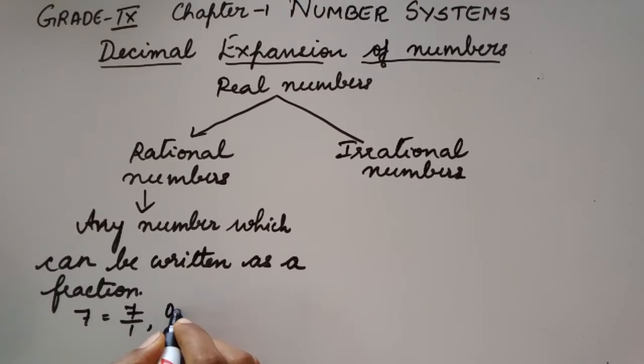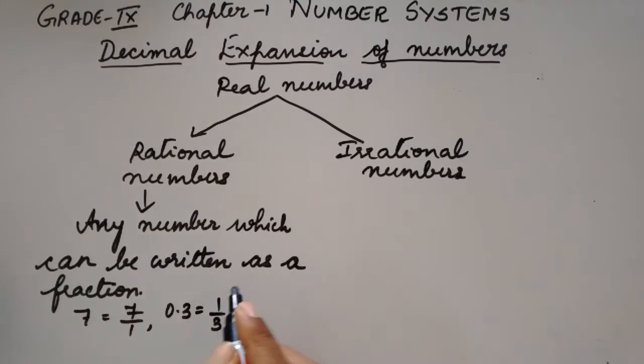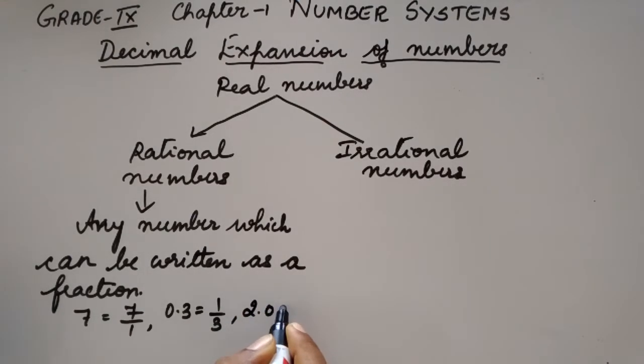Then I have 0.3, which I can write in the form of a fraction, so 0.3 is a rational number. 1 by 3 is a rational number. Next we have 2.09, which can be written in the form of a mixed fraction. So did you get this, students?